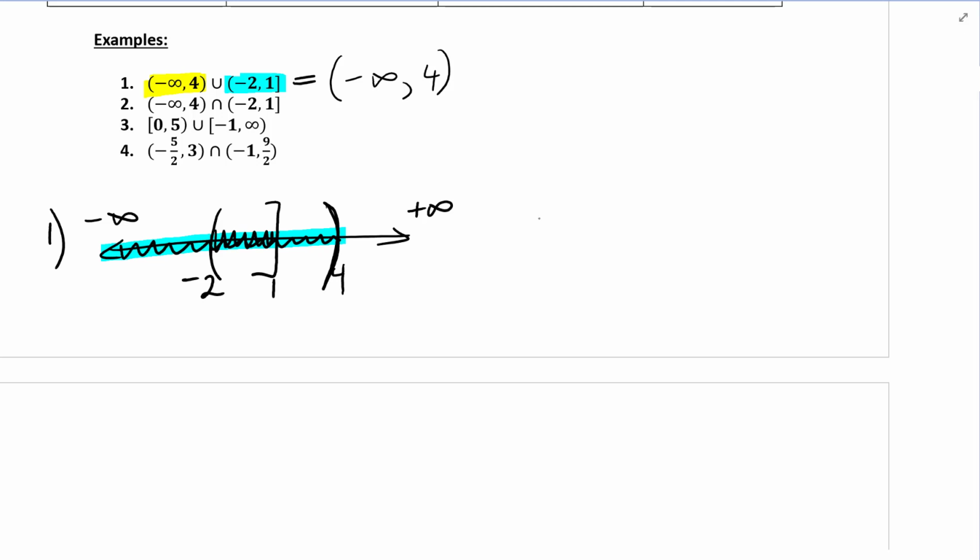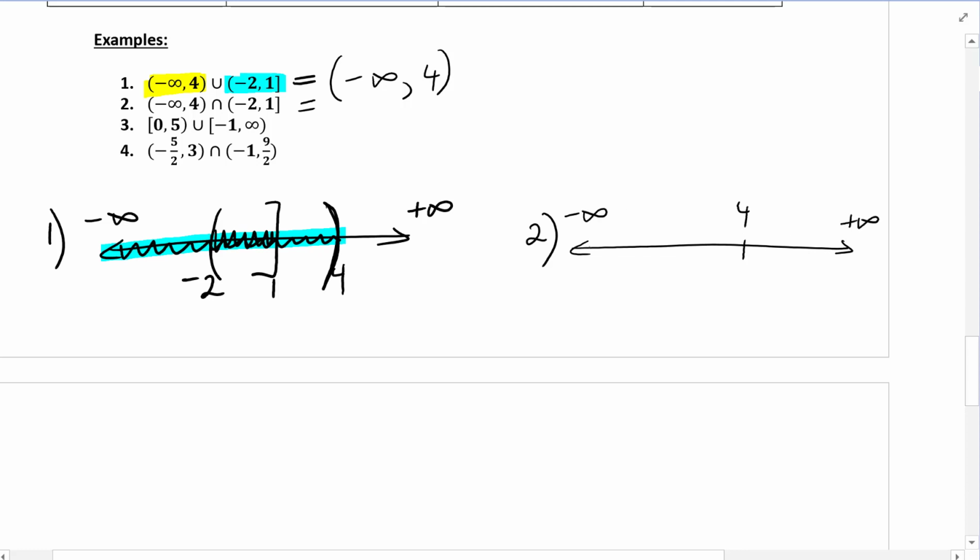Now let's try to do problem 2. So problem 2 has again negative infinity, 4. So negative infinity, positive infinity. We put 4 here, and we shade all this region with parentheses. And then negative 2, 1, again with the appropriate parentheses, and we shade it again.